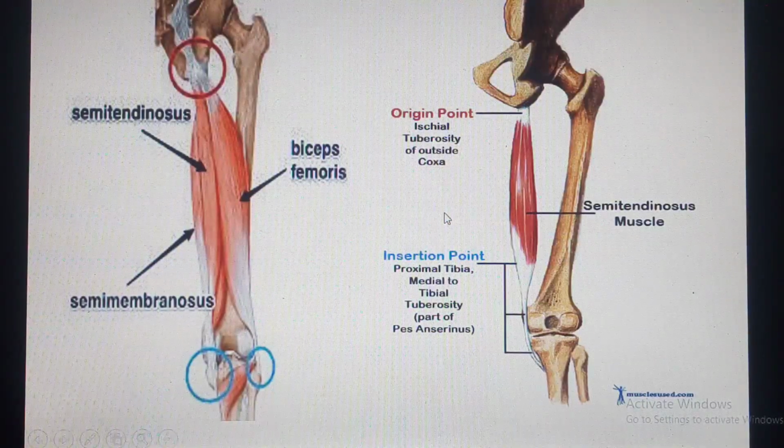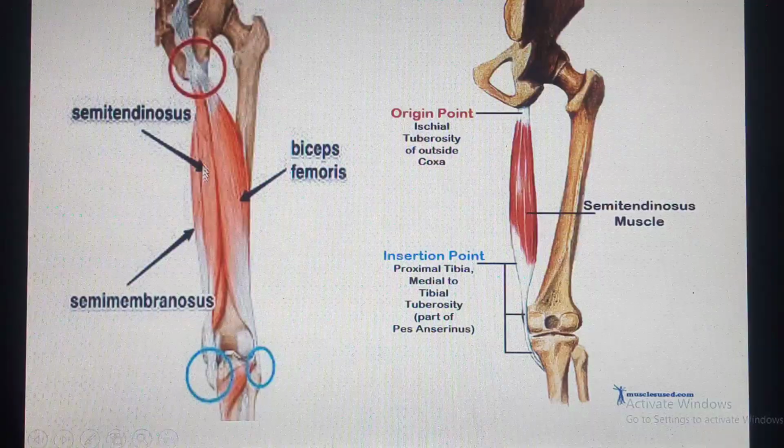Now, the next muscle is known as the semitendinosus muscle. This is the biceps femoris muscle. The semitendinosus muscle finds itself between the biceps femoris, laterally, and the semimembranosus muscle, which I'm coming to.